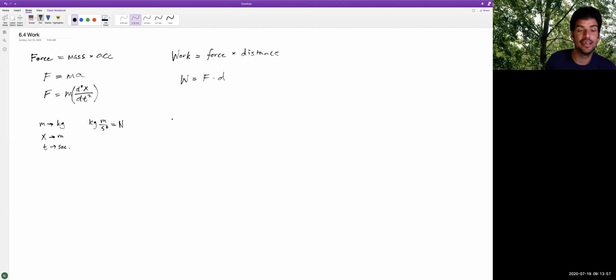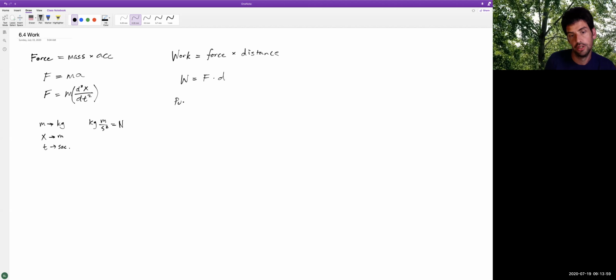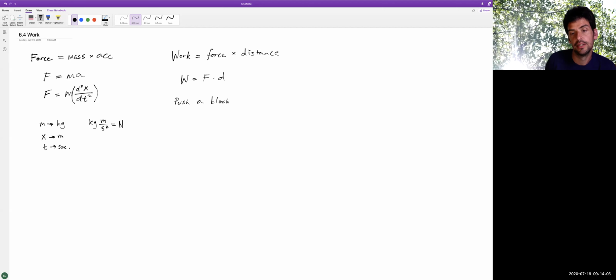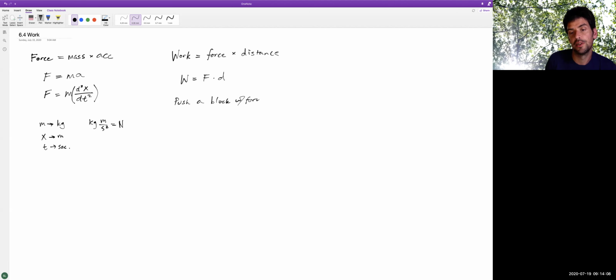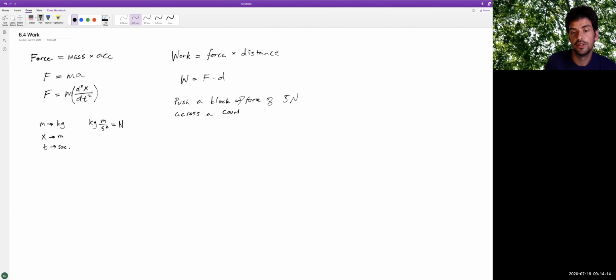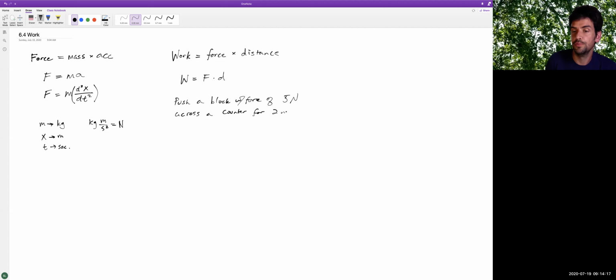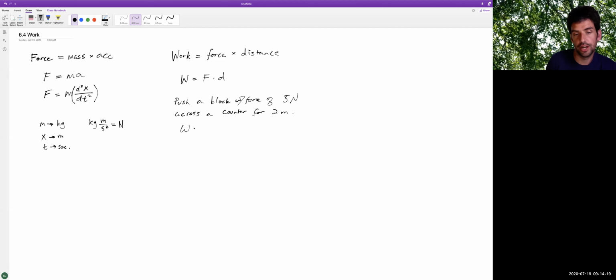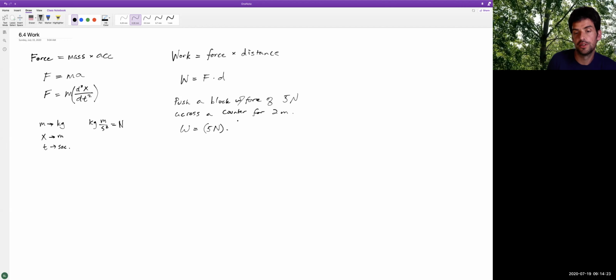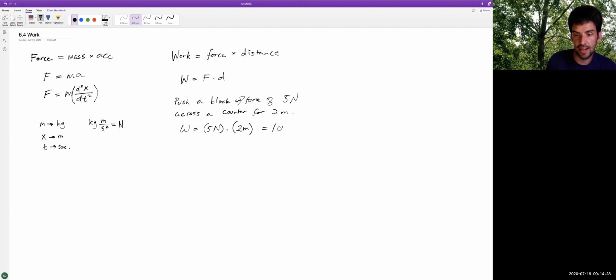So for instance, if I were to push, let's say, push a block with a force of 5 newtons across a counter for 2 meters, then the work I've done would be that force of 5 newtons times the distance of 2 meters, which gives me 10.